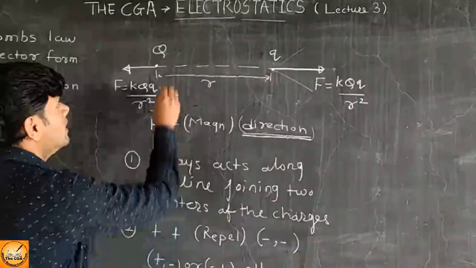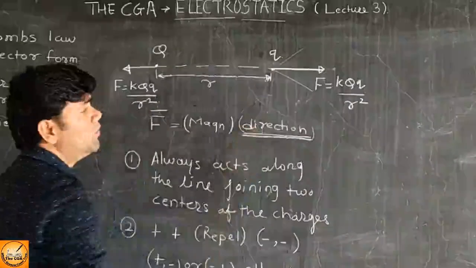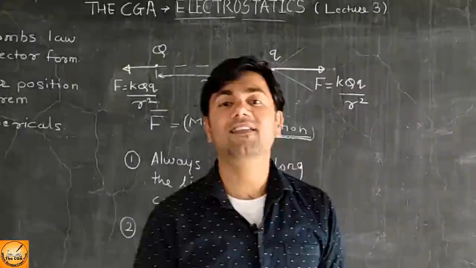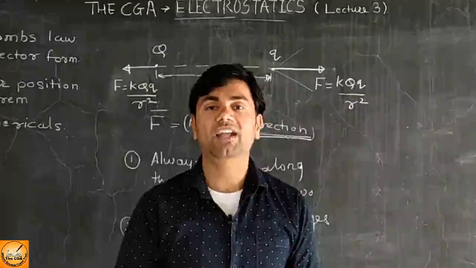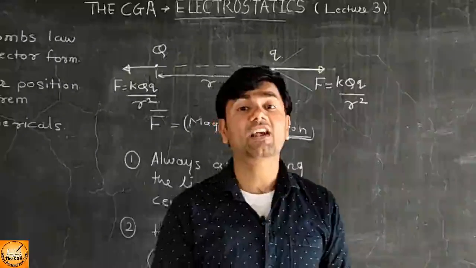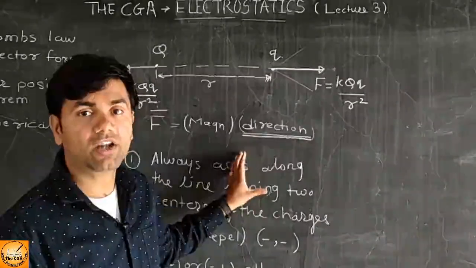Now if I want to tell mathematically how we can represent the forces, we want to represent their directions also, and here vectors come in. So let's see how we can write these forces mathematically in vector form.